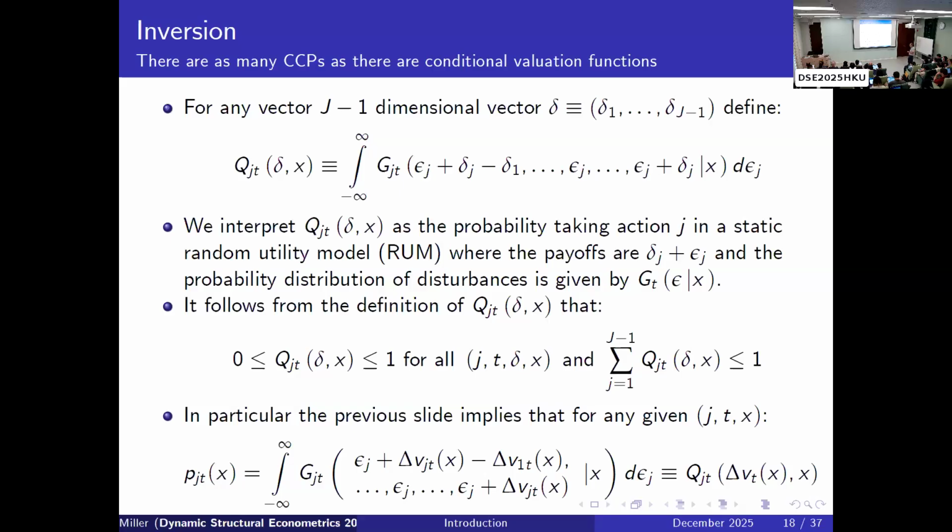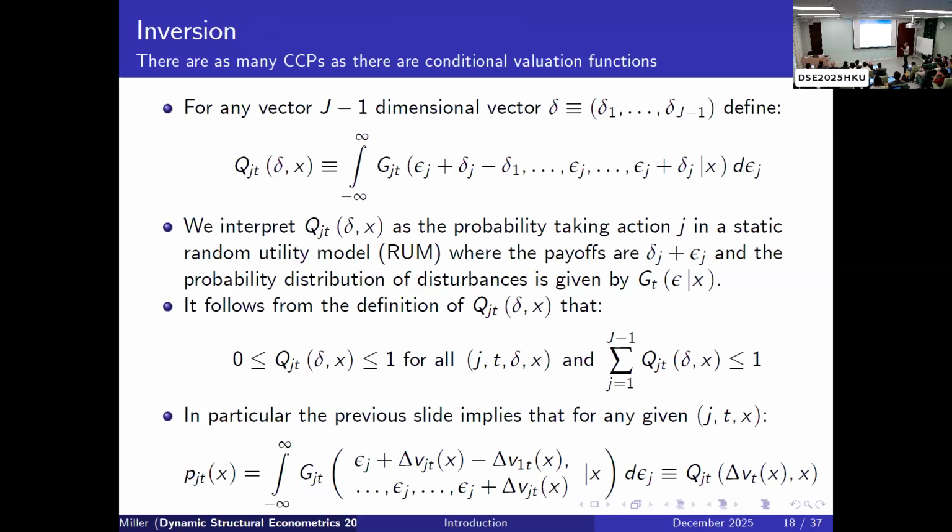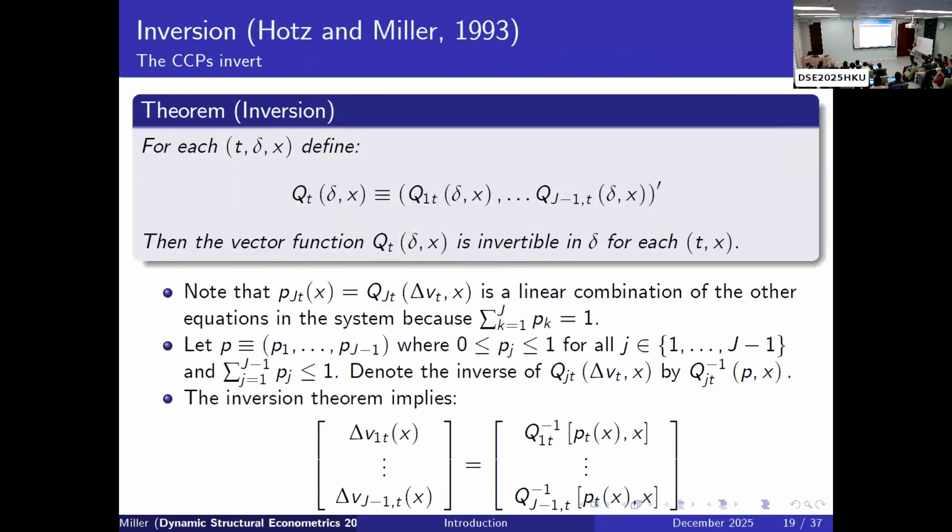Basic point is there are as many P's as there are deltas. See, the J-1 vector of these deltas, we're thinking about all the P's that would be different. The last one is a linear combination of all the others. So there are cap J-1 deltas, cap J-1 P's, and this turns out to be invertible in delta for each.